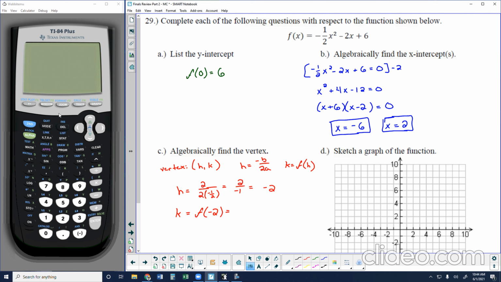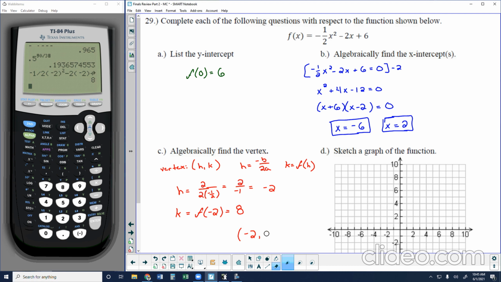And I'm going to go ahead and do that in my calculator. So my calculator, if I input this equation, substituting x as negative 2, I'm going to get a y value. And this would be the y value for my equation. So the vertex here is going to be negative 2, 8.